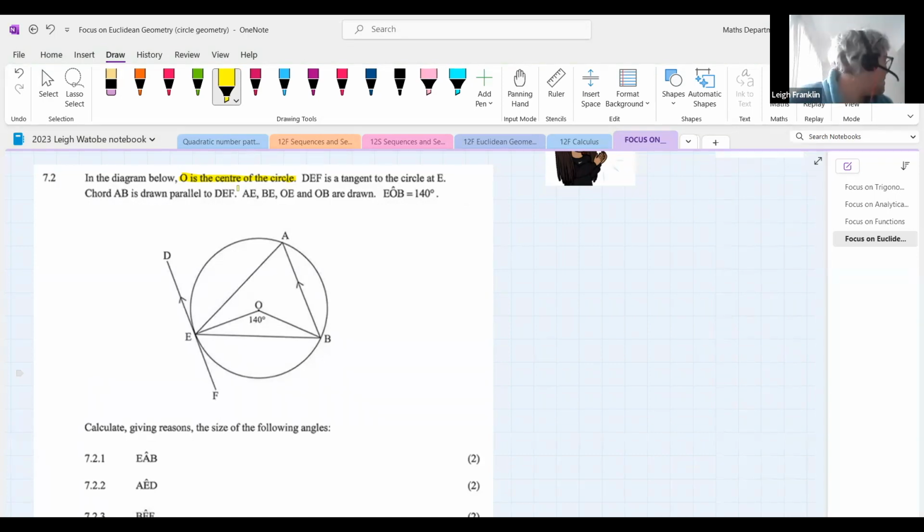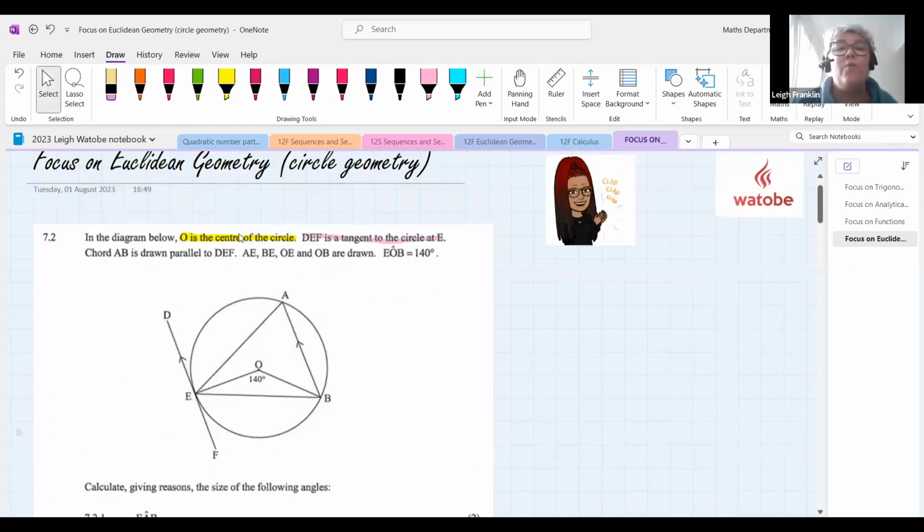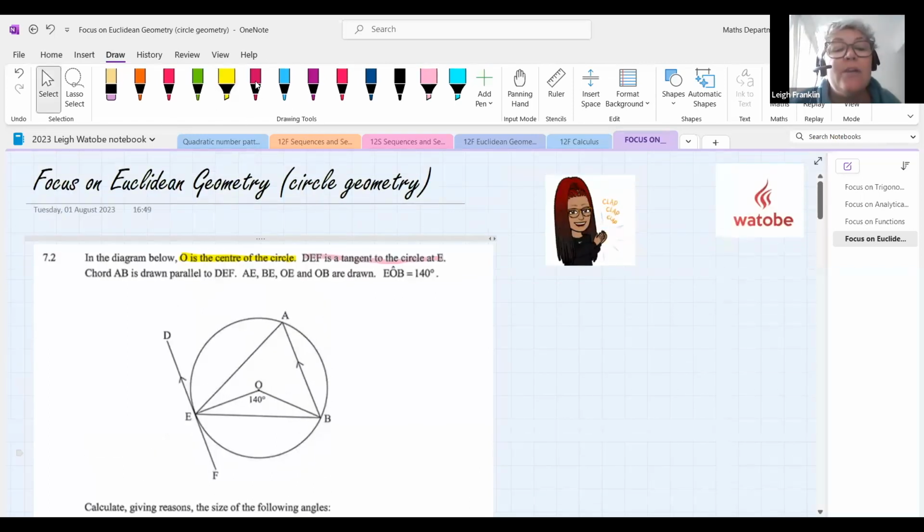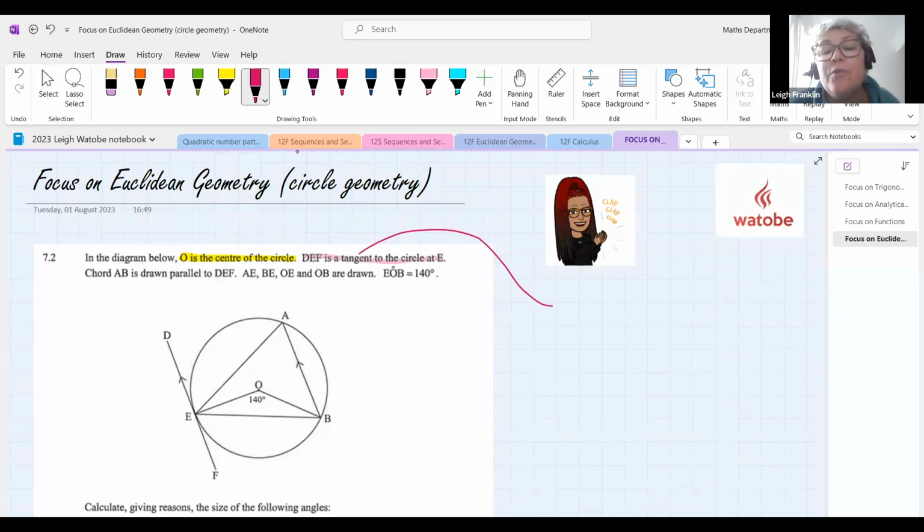The other thing that they tell us here is that DEF is a tangent to the circle. So that's super important. When we see the word tangent, instead of me telling you, what do you think of when you see the word tangent? What theorems does that link to? When you see the word tangent, what do you start thinking about?